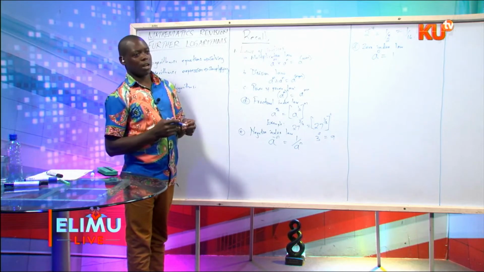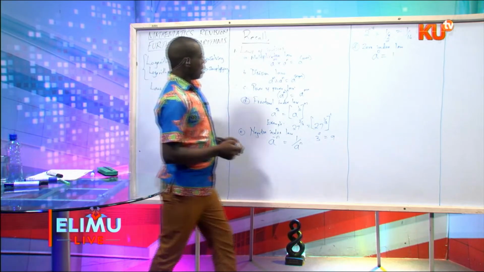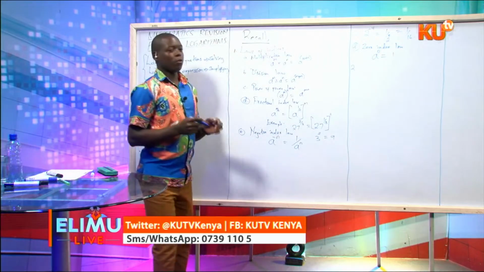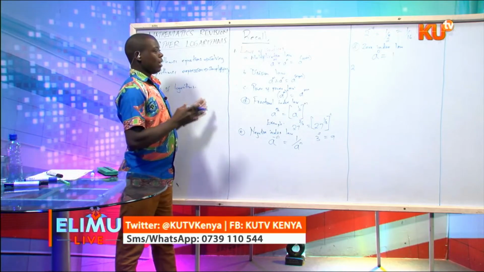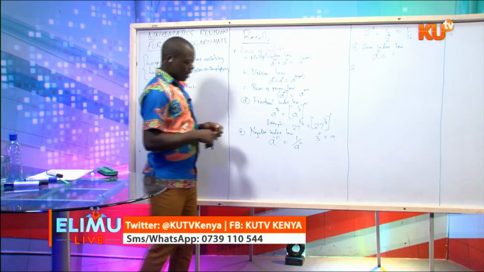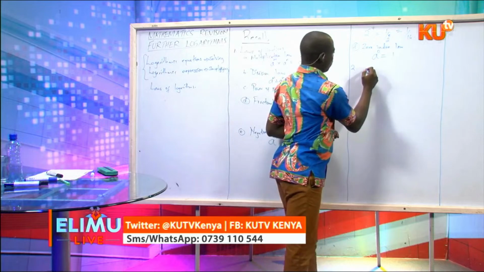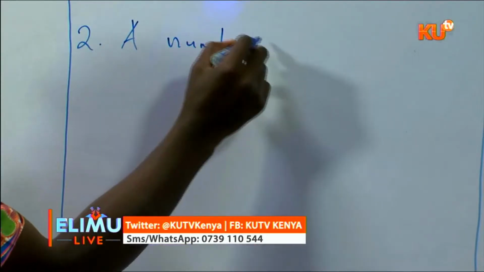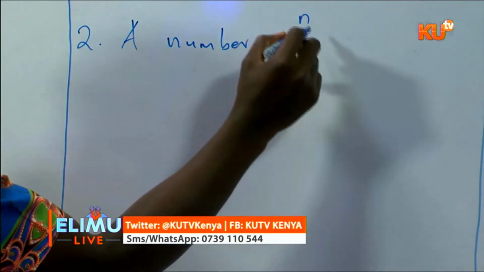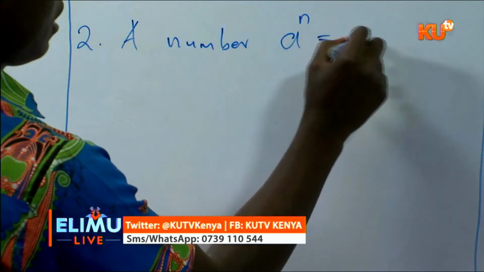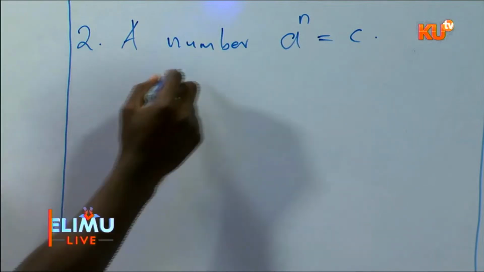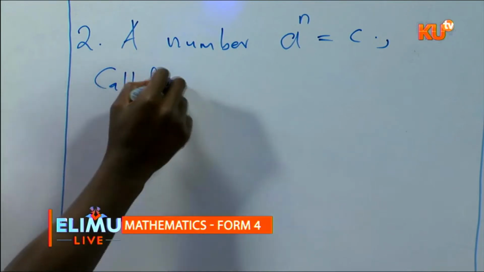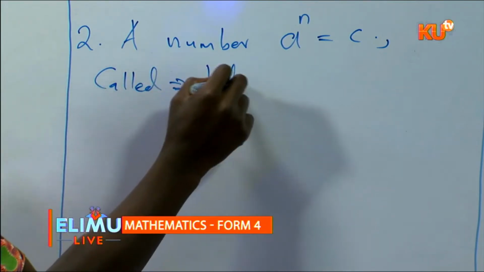under indices and logarithms. Number 2, we need to review again something we call the two forms of writing indices. We have what we call the index notation. When you have a number a power n is equal to c, then this is referred to as what we call the index form.